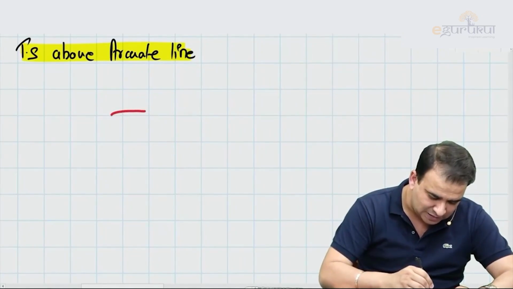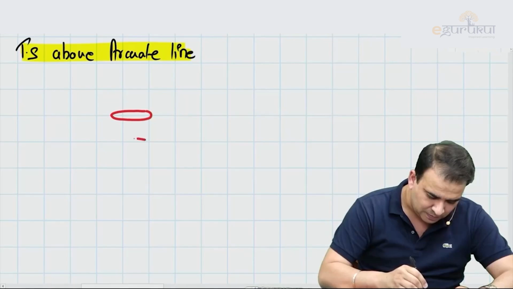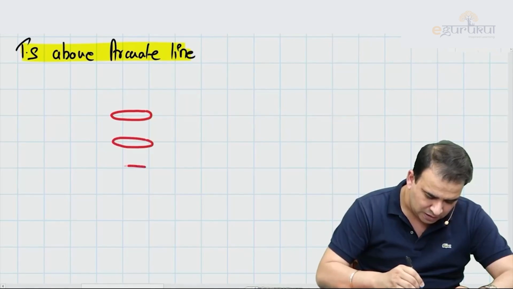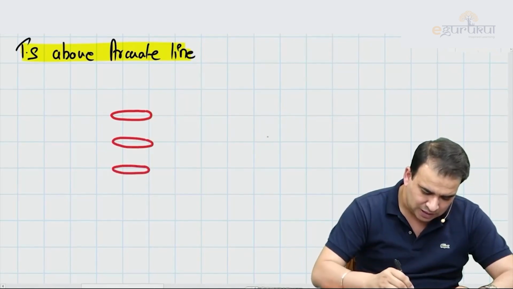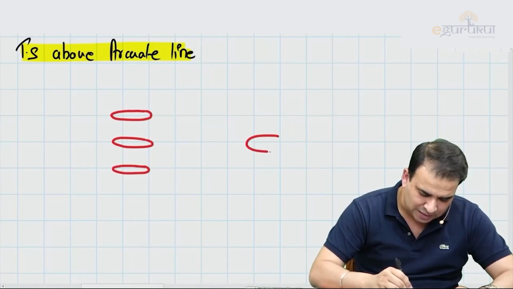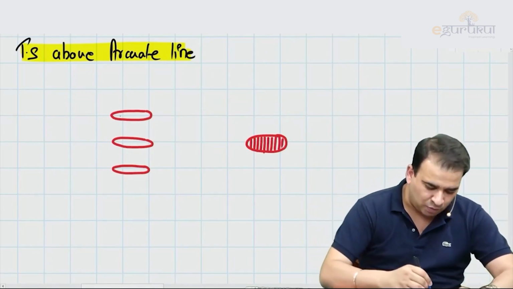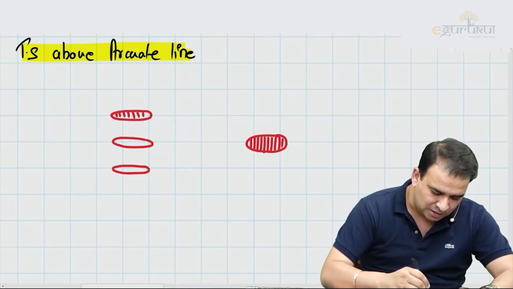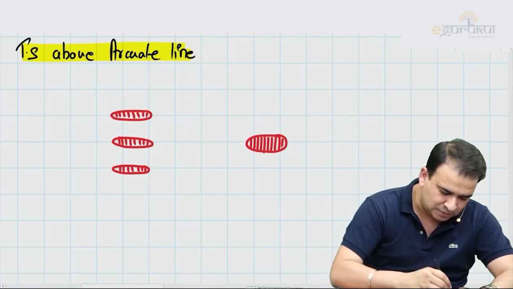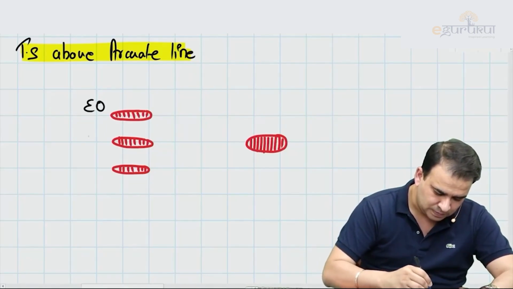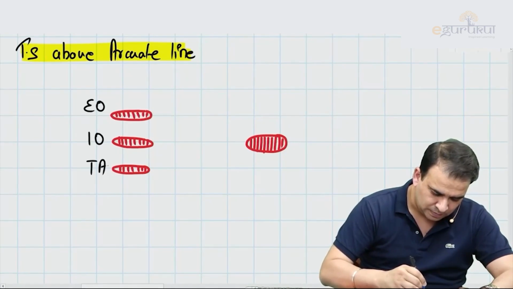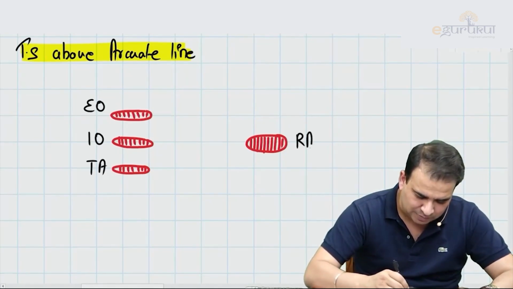So if you take a transverse section above the arcuate line, the muscles that you will appreciate on the side, guys, are the external oblique, internal oblique, and transverse abdominis. And obviously the rectus abdominis muscle will be seen in the middle. As I said, we are just looking at only one half of the anterior abdominal wall, not both.